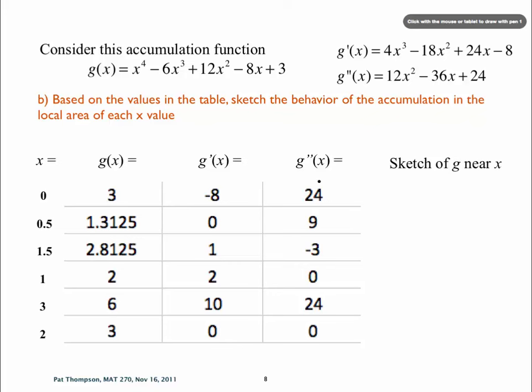It's negative, but it tells us that the first derivative is increasing. So how can the values of g decrease and the value of the derivative, or the rate, increase? It has to do this.